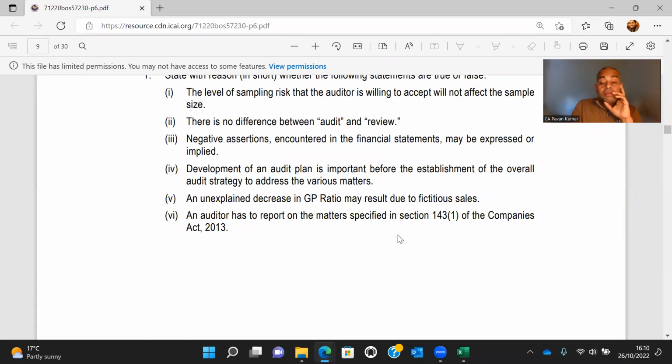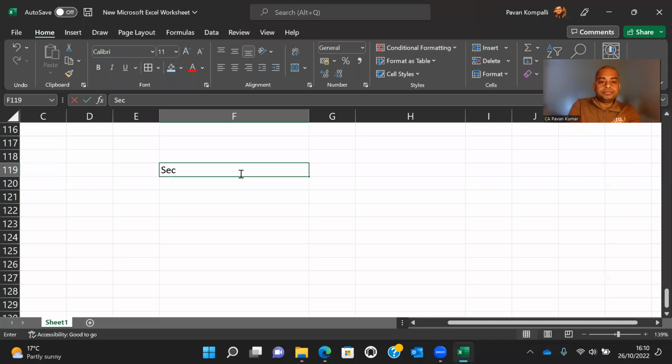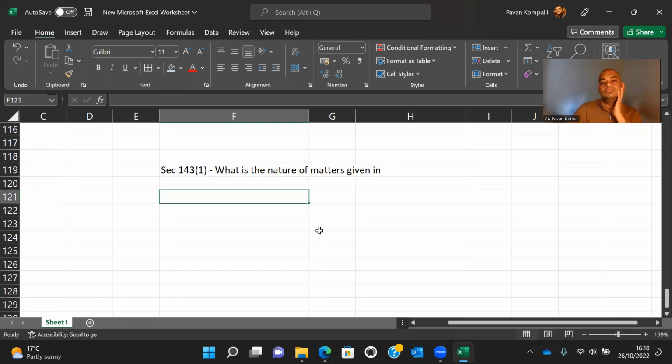An auditor has to report on matters specified. Listen, section 143.1. What is the nature of the matters given in section 143.1? There is a beautiful word used here: inquiry and reporting.